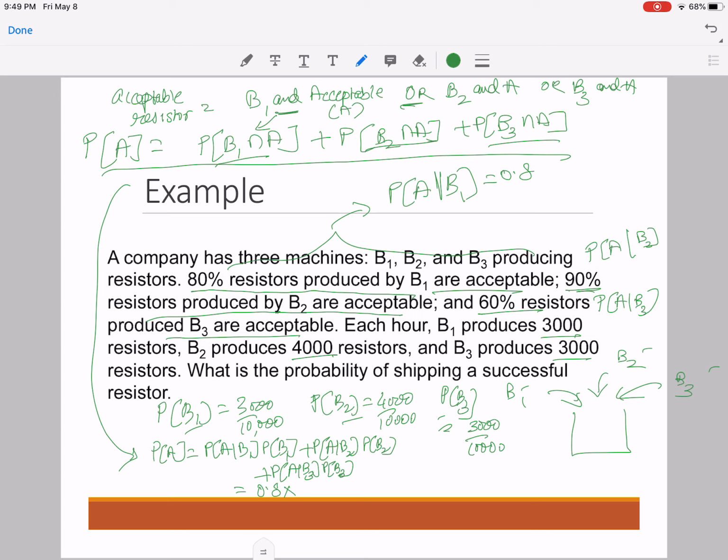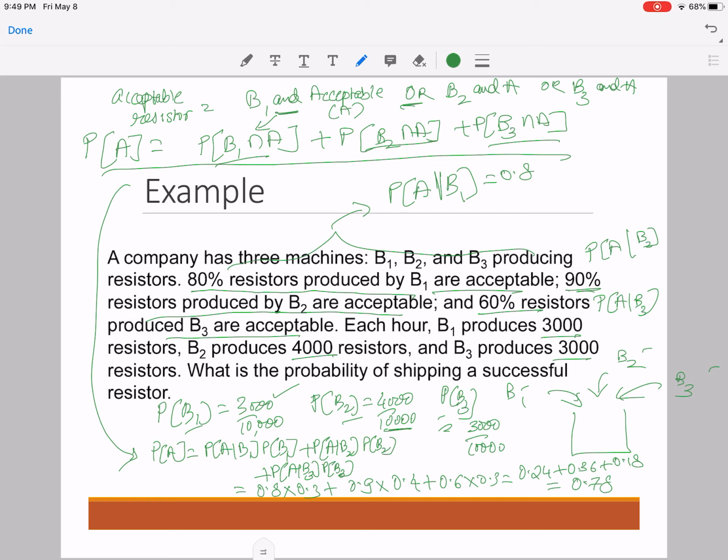The probability of B1 is 0.3 from here, plus the probability of A given B2 is 90 or 0.9. The probability of B2 is 0.4 from here, and similarly the probability of A given B3 is 0.6. The probability of B3 is 0.3. So if I perform this math, I'll get 0.24 plus 0.36 plus 0.18, which gives me 0.78.